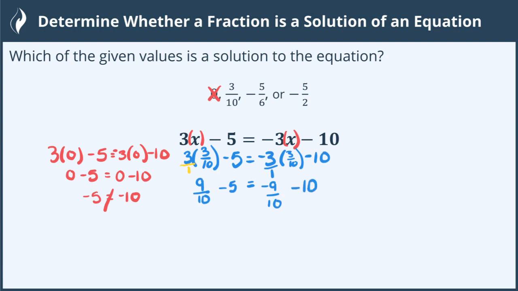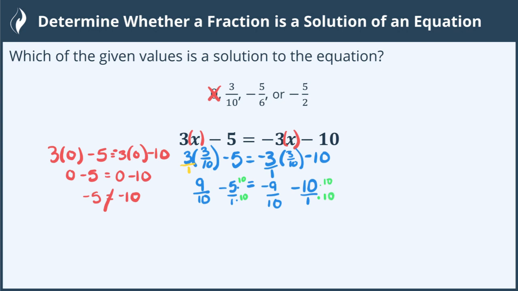Now we need to combine those numbers with a common denominator. Since the numbers on the right side don't have anything, we're going to put those over a 1, and then find the common denominator, which is 10. So we need to multiply numerator and denominator by 10. That keeps the fraction equivalent.